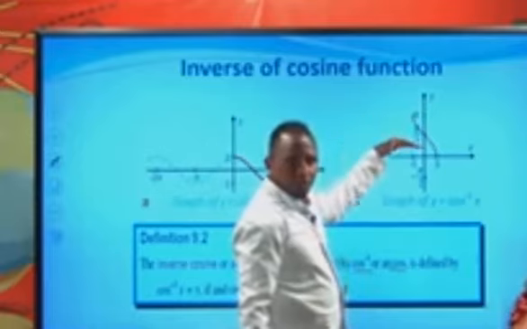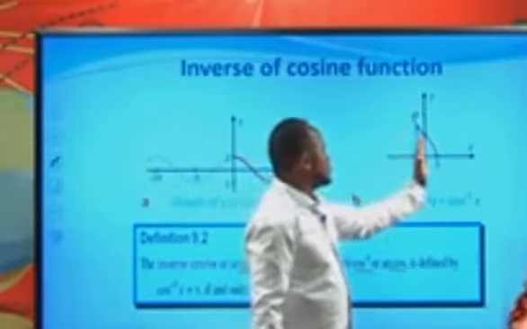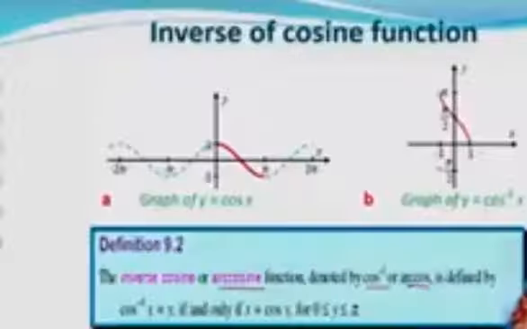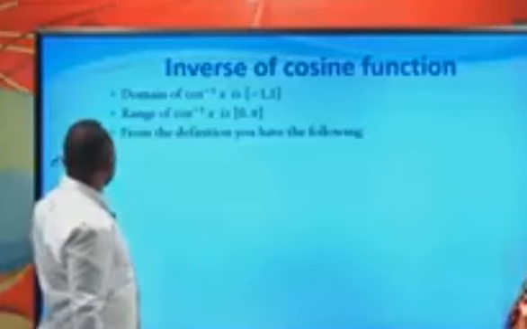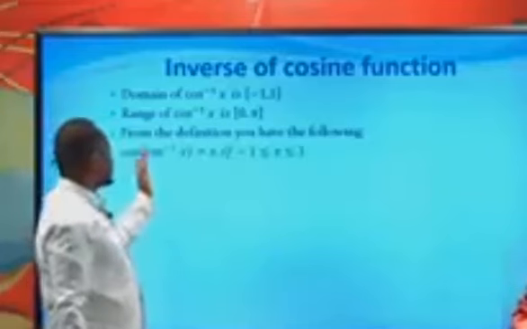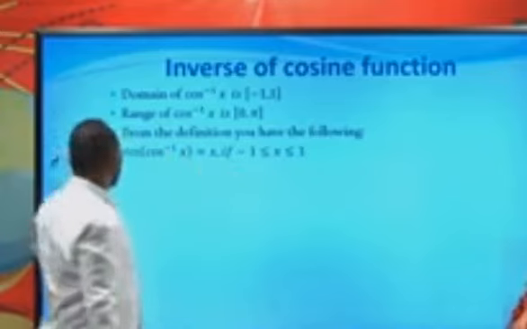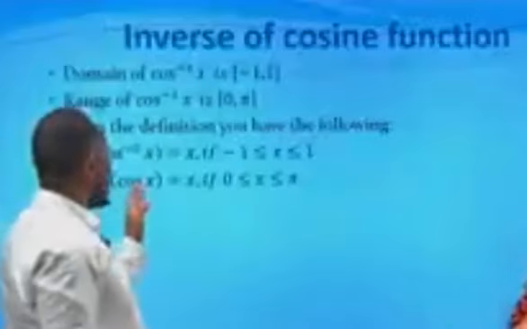The range is between 0 and pi, and the domain is between negative 1 and 1. And from the definition, you will have this one. Cos of cos inverse of x is x, and cos inverse of cos x is also x on this interval.